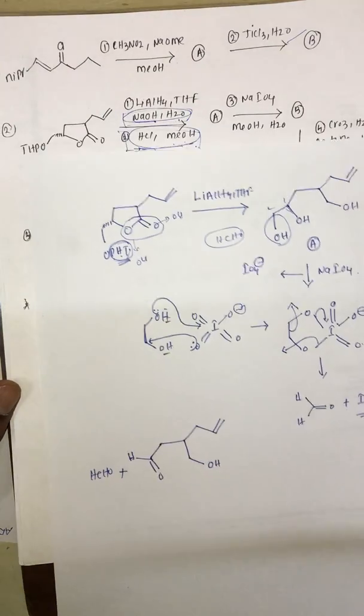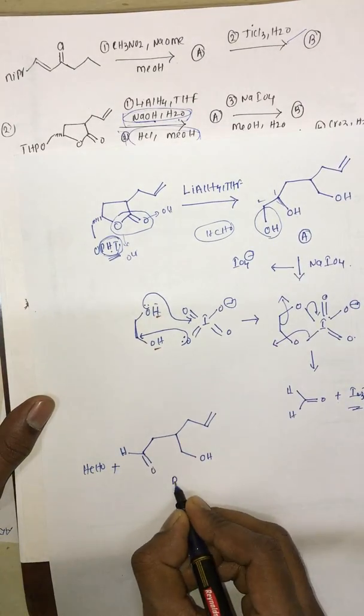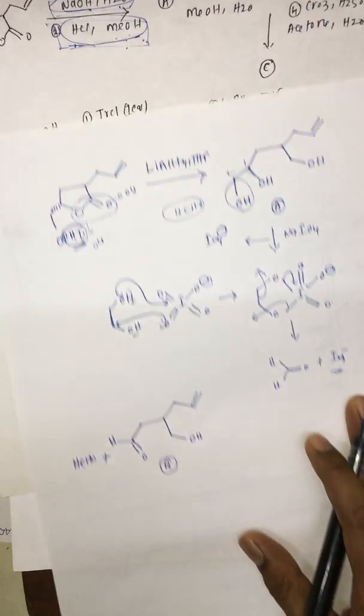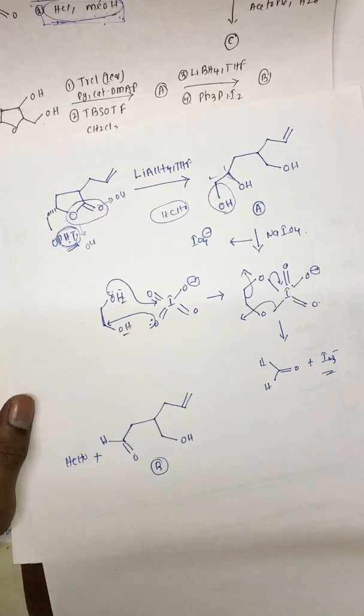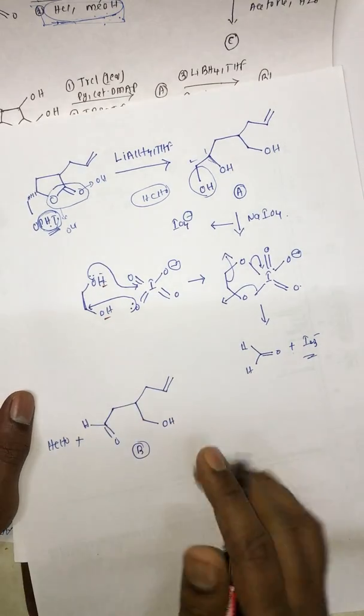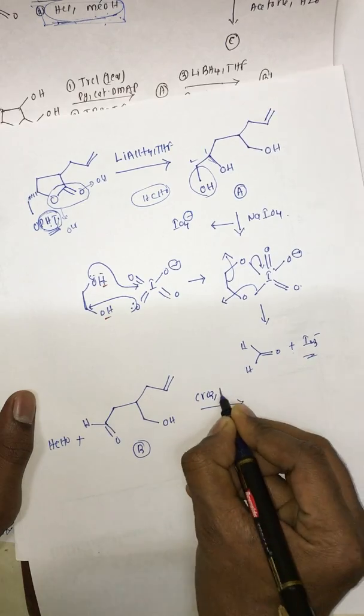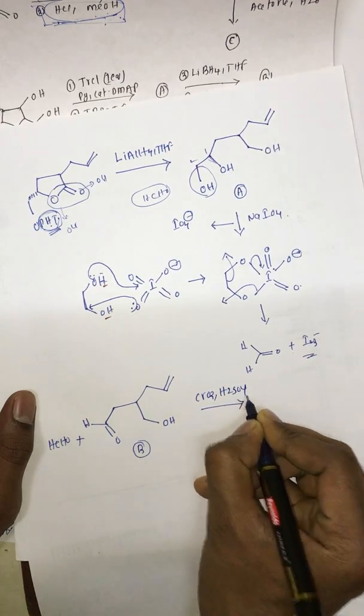So this is the product B. Next we have CrO3 in the presence of H2SO4 and acetone.